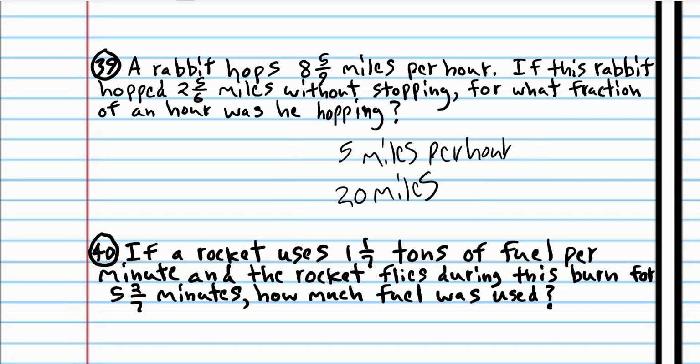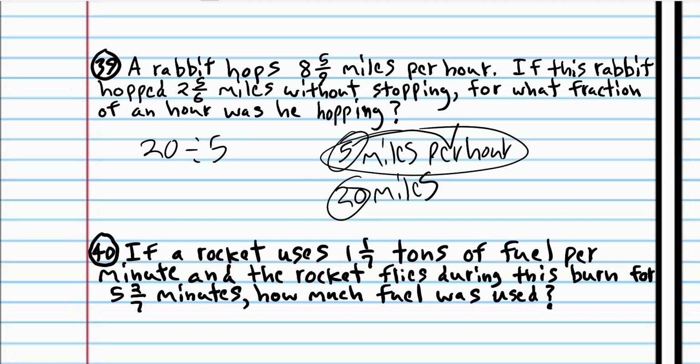Well, you're just taking 20 and dividing it by 5. How many times is 5 going into 20? So 5 miles is 1 hour, 10 miles is 2 hours, 15 miles is 3 hours, 20 miles is 4 hours. Because 5 brings with it 1 hour.